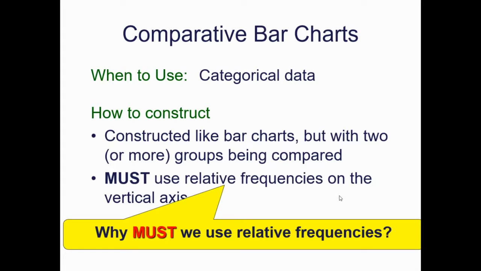Why? Can anyone think of why we have to use relative frequencies? What happens if I interview 12,000 boys with only 3,000 girls, and I try to do that ice cream graph, but I just use counts?